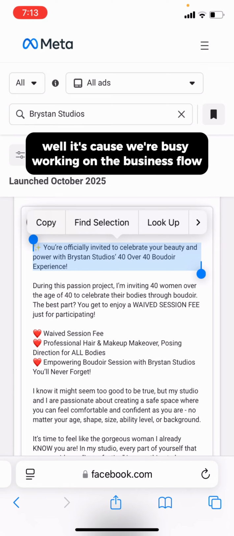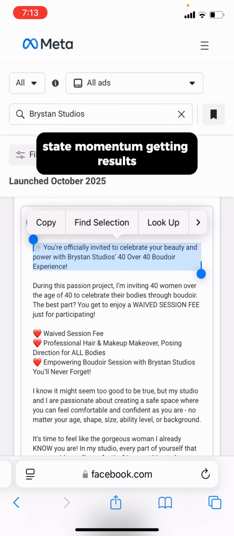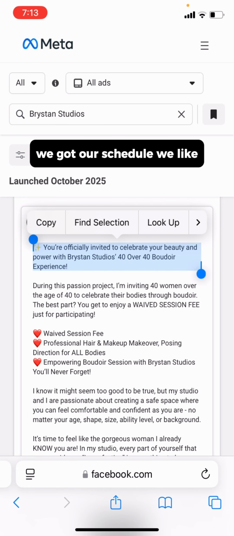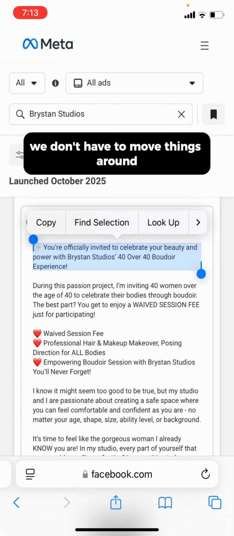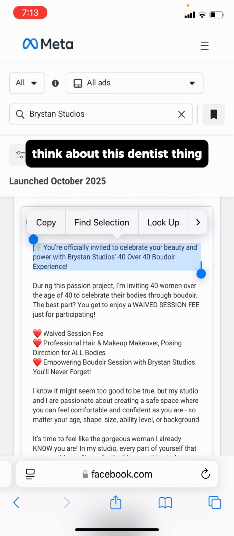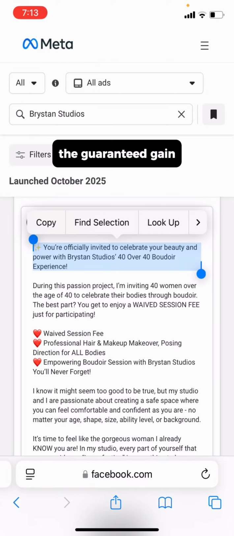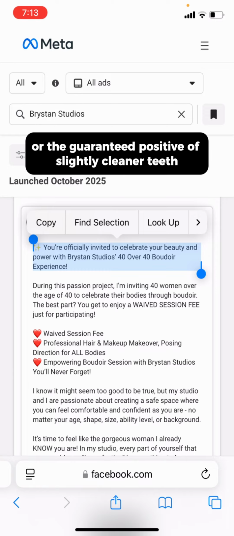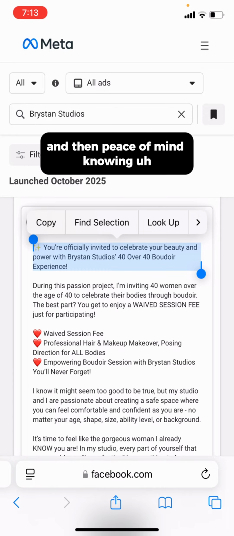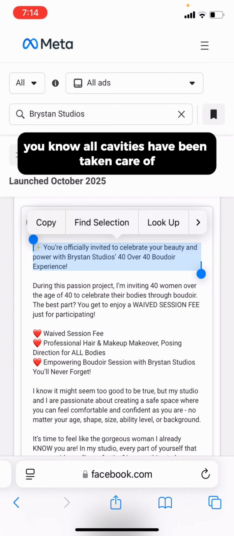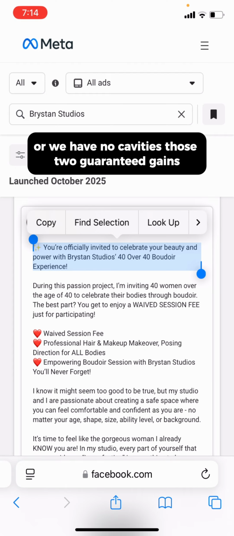Well, it's because we're busy working on the business, flow state, momentum, getting results. We got our schedule we like. We don't have to move things around. Think about this dentist thing. The guaranteed gain or the guaranteed positive of slightly cleaner teeth and then peace of mind knowing all cavities have been taken care of or we have no cavities.